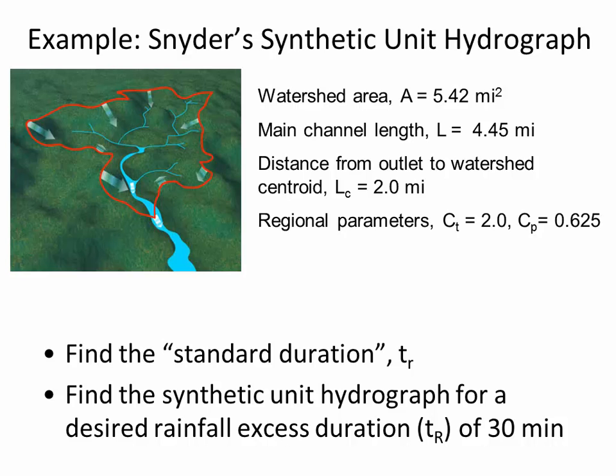And so that's a bit confusing when you've got two different T sub R's. So we'll have to pay careful attention to the difference between the two of them as we go through the example. So let's do that.